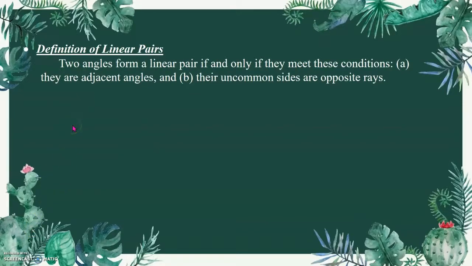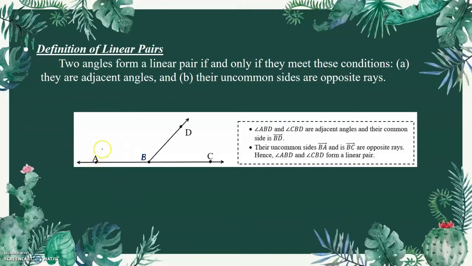Let's have the definition of a linear pair. So two angles form a linear pair if and only if they meet these conditions. A, they are adjacent angles, and B, their uncommon sides are opposite rays. To illustrate, we have here angle ABD and angle CBD. Alright, now these two angles are adjacent angles because they share a common vertex, which is point B, and also a common side, which is ray BD.